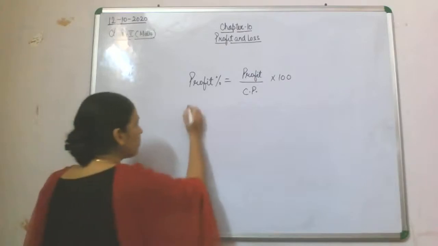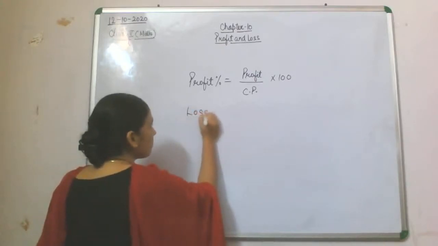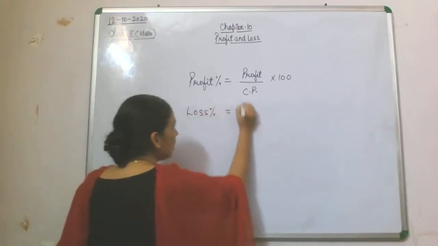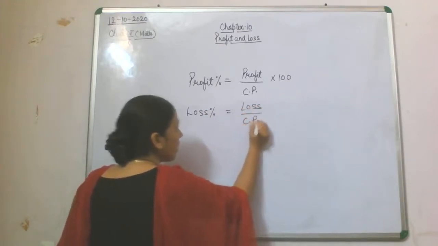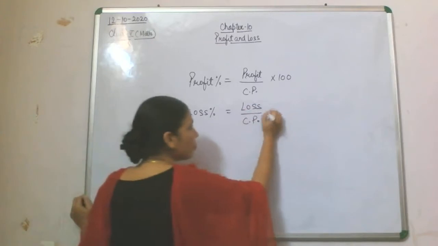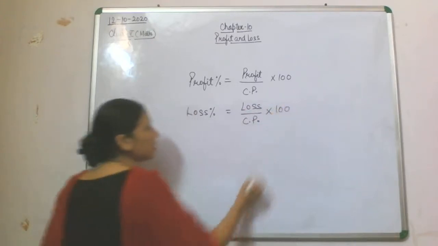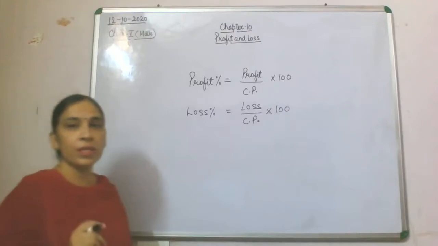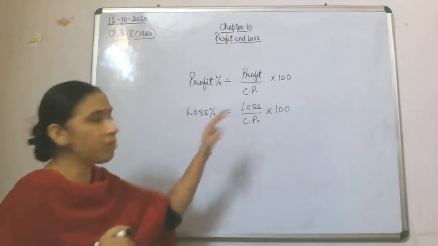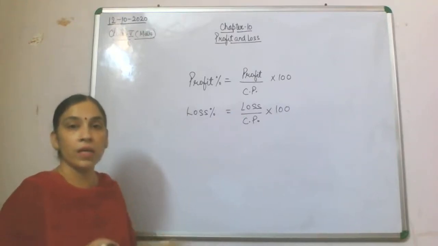Now come to loss percent. Again loss divided by CP, and for percent we will multiply by 100. So these two things are there, profit percent and loss percent, and this is how we will calculate.